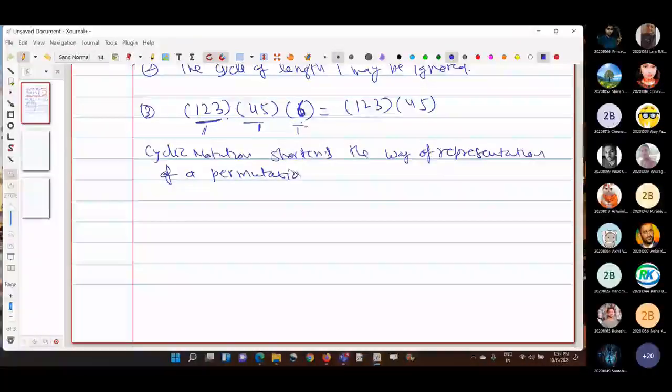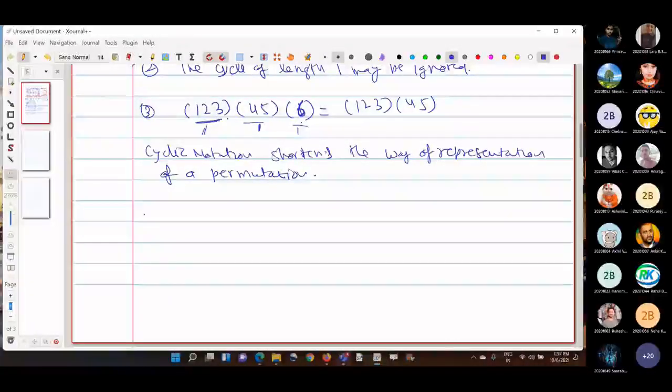But this is not the only benefit of this. We have so many benefits, and those benefits we can see in further examples and properties of cyclic representation of permutation. So let us see some properties of cyclic representation.